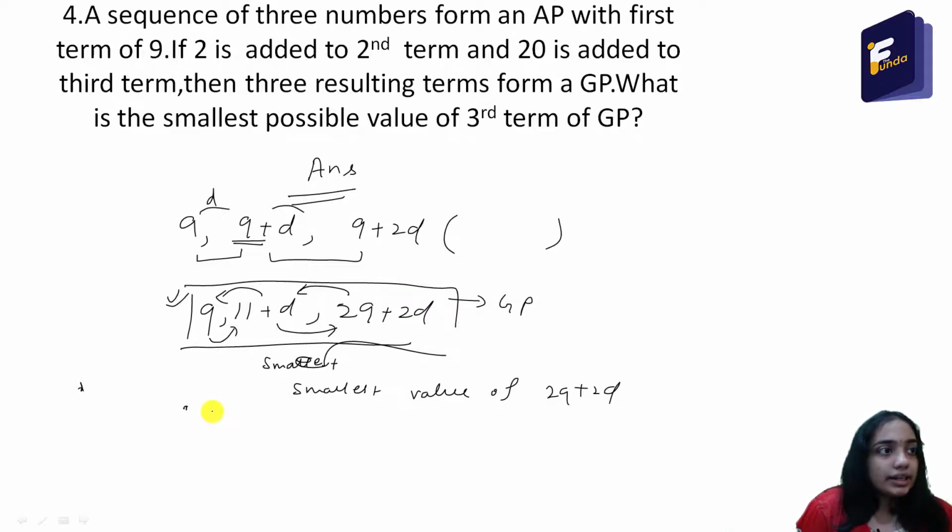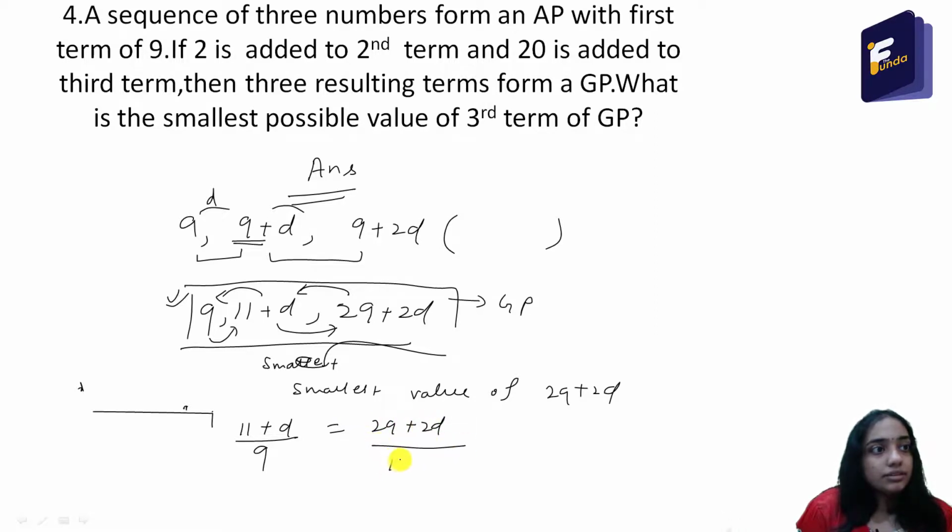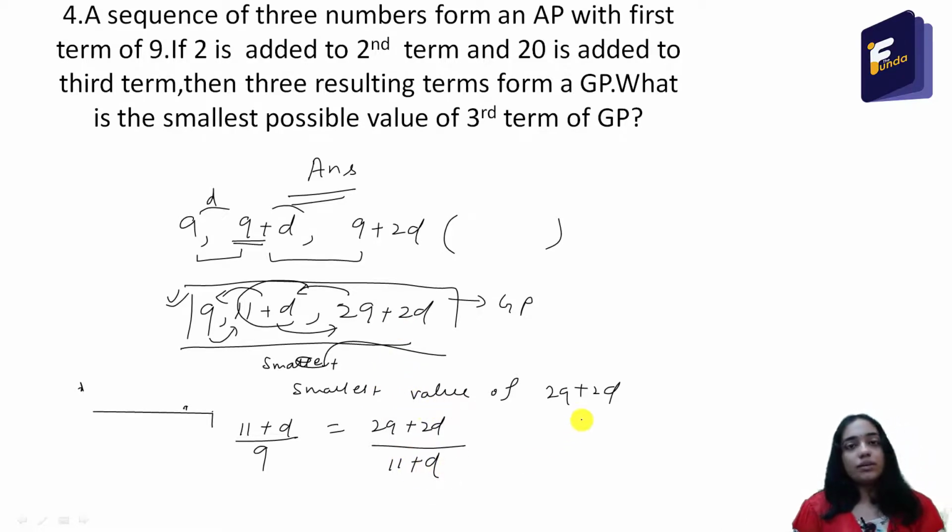So 11 plus D by 9 is equal to 29 plus 2D by 11 plus D, because this is the definition of GP.